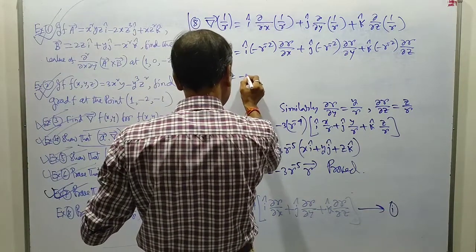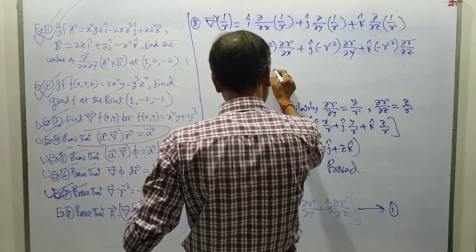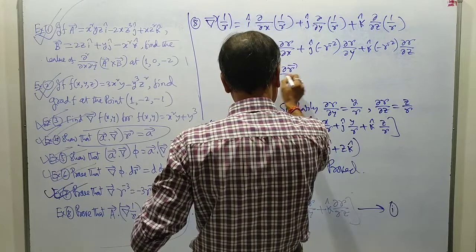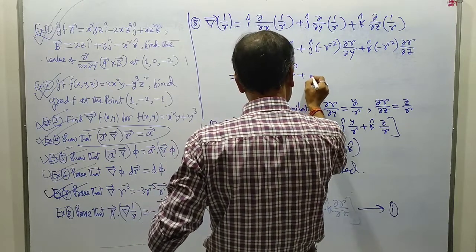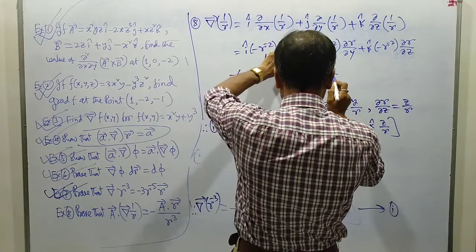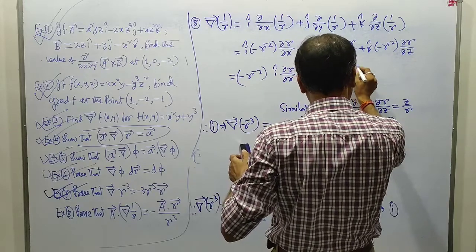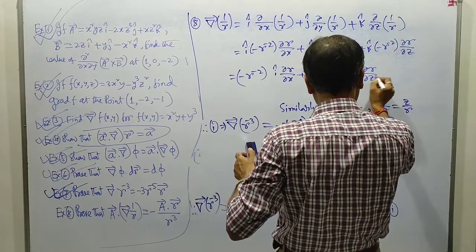This is equal to minus r to the power minus 2 common. You will get i cap del r by del x plus j cap del r by del y plus k cap del r by del z.